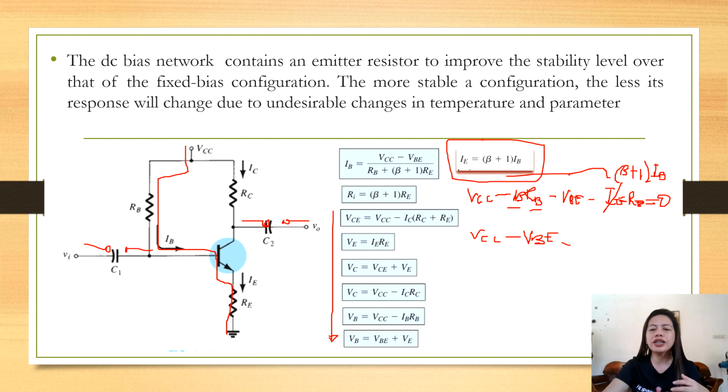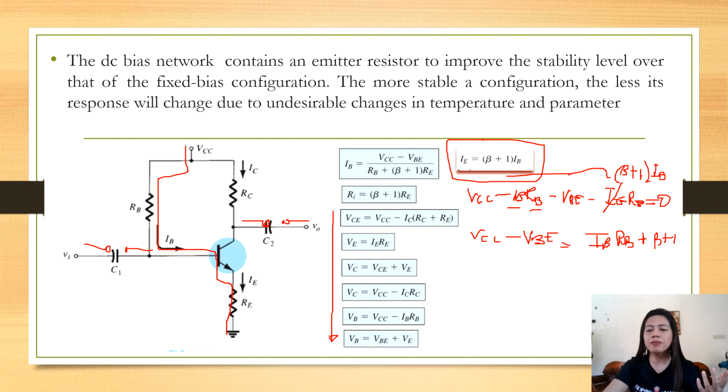Let's first move all the terms with an IB to the other side, so I'm putting it here so that it will become positive. So RB. Actually, I could isolate also there, but to make it simpler, I'll just do it this way.